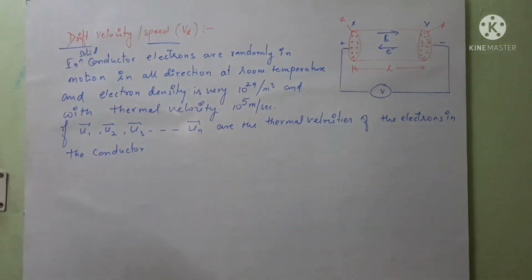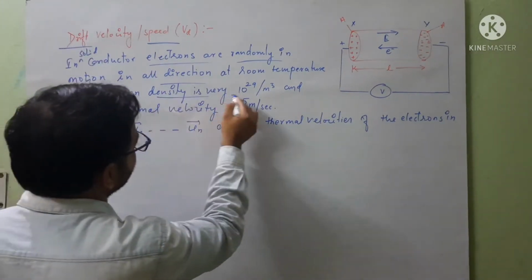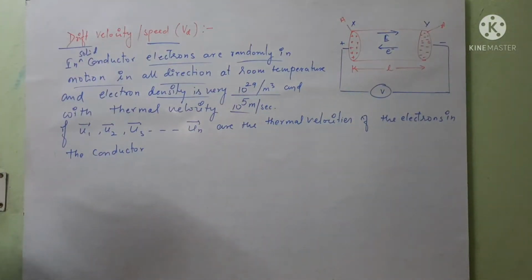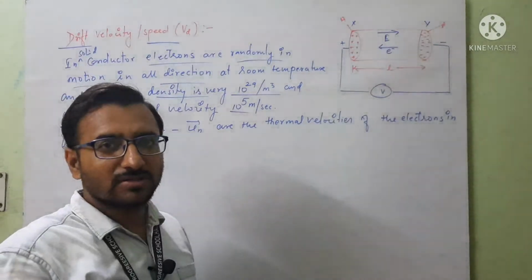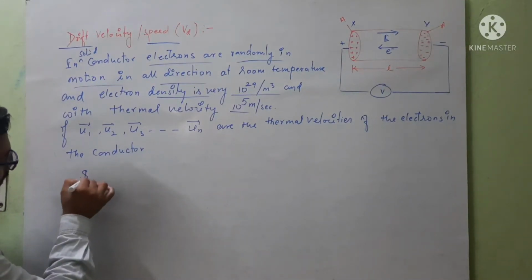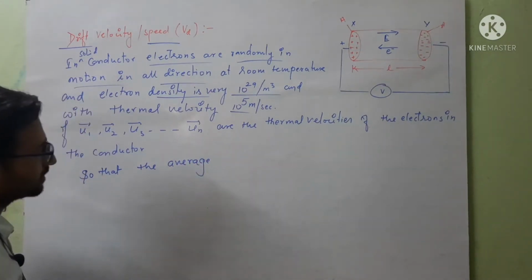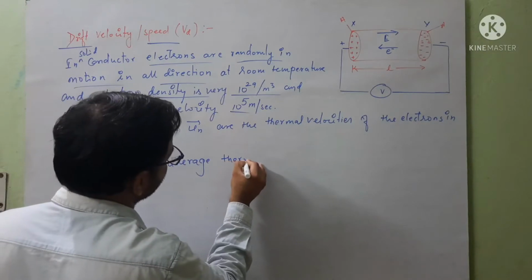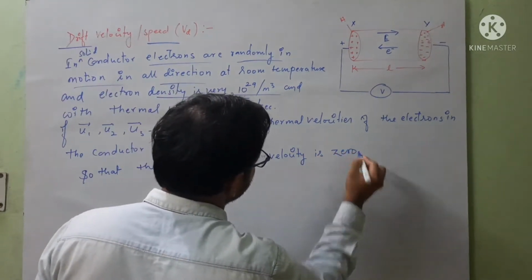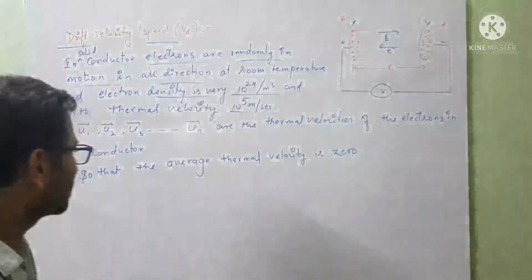And as we know that they are moving randomly in all direction at room temperature, having large electron density with the speed by which they are moving, so that as they are moving randomly in all direction because in the absence of electric field they have no definite direction, so the average thermal velocity is 0, means that the electrons will move randomly in all direction due to thermal agitation.